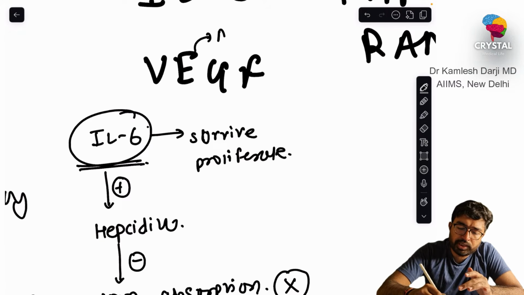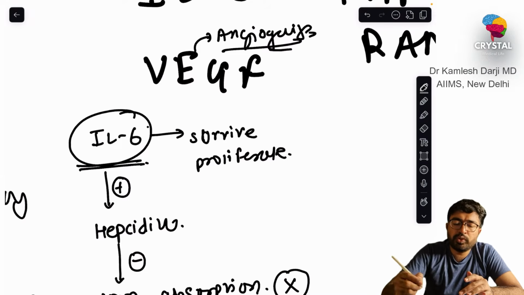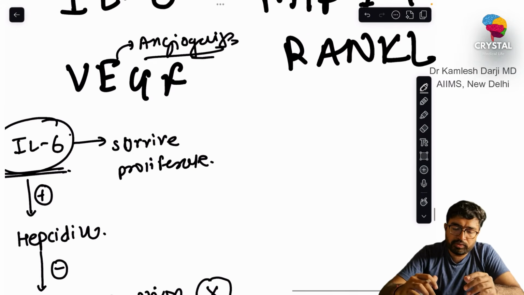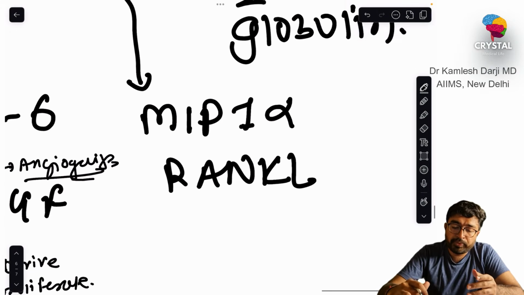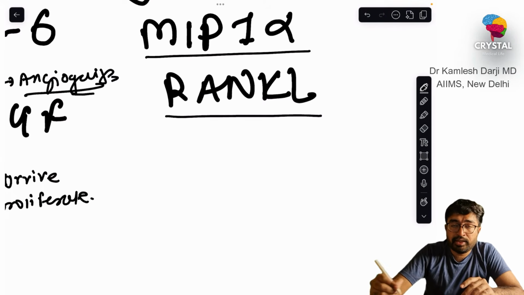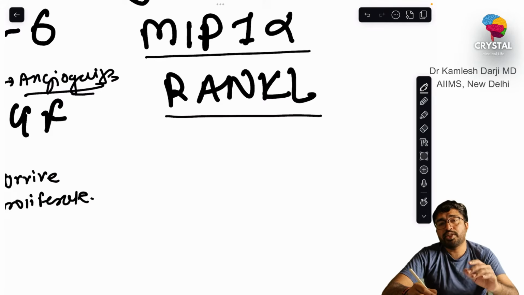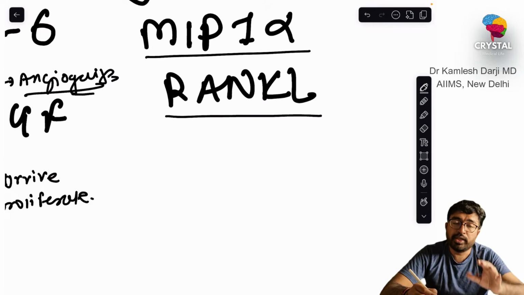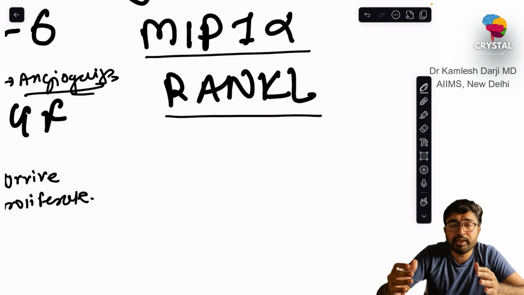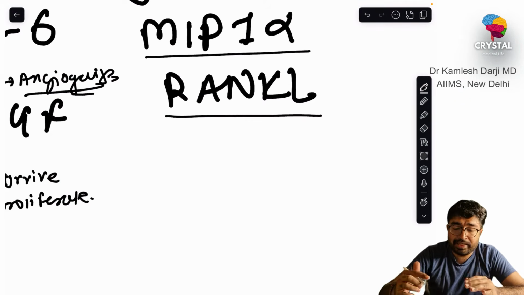VEGF is nothing but a factor for angiogenesis. So blood is food and they will create a pathway to get blood. So VEGF helps plasma cells. Most important, MIP1 alpha and RANKL. MIP1 alpha is the macrophage inflammatory protein 1 alpha and RANKL is the receptor activator of nuclear factor kappa beta ligand.